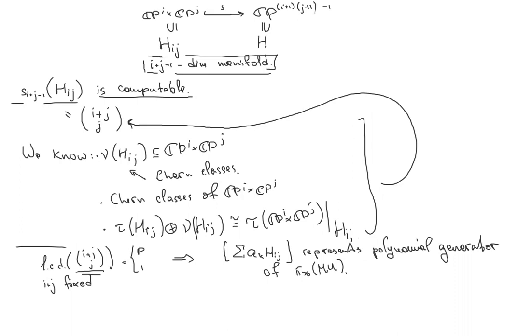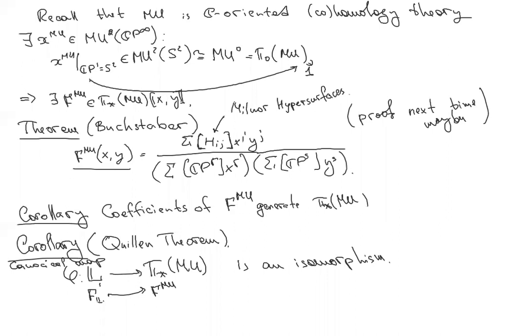Maybe better to say that modulo decomposables, these coefficients of F_mu are exactly the h_ij's. Right. So the first corollary immediately follows from the very first theorem of Novikov, or rather its construction. Yeah, I can see that. And the second one follows, it is kind of purely algebraic, because you have a map between two abstractly isomorphic rings.